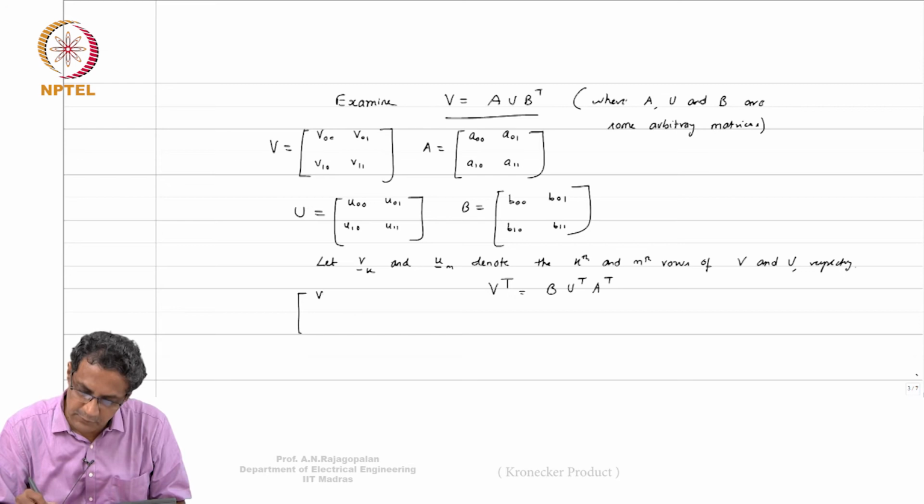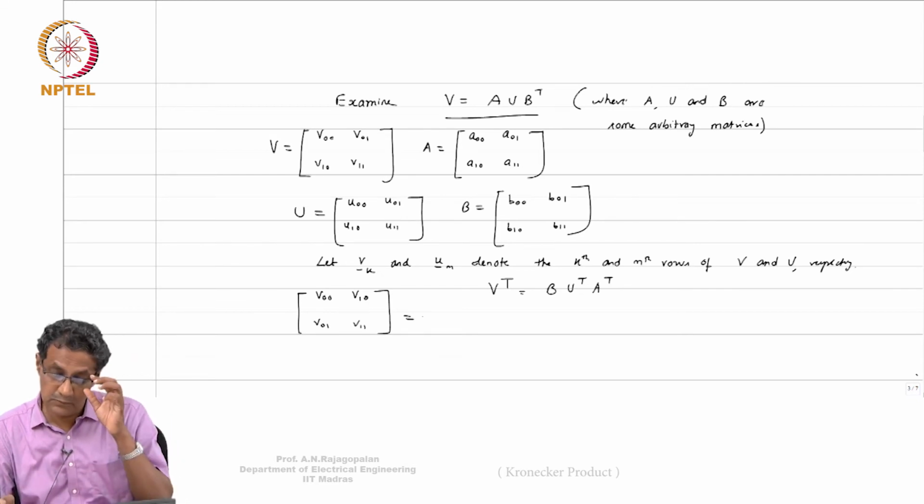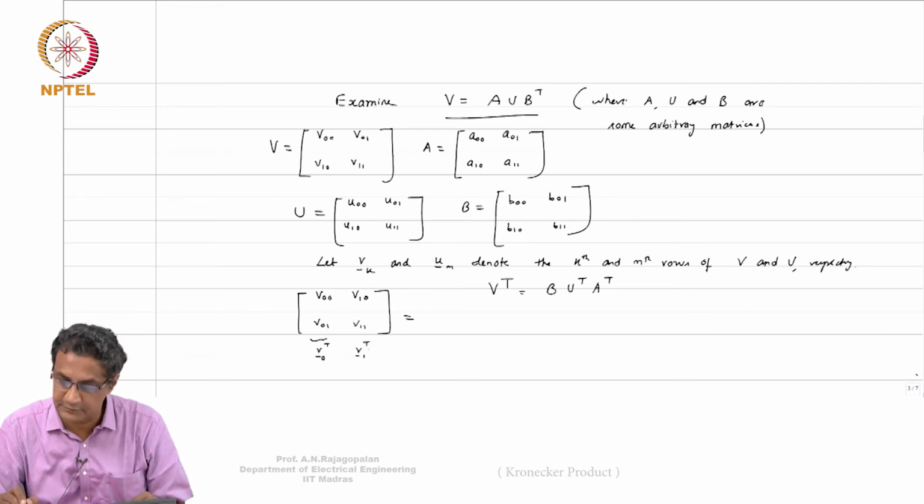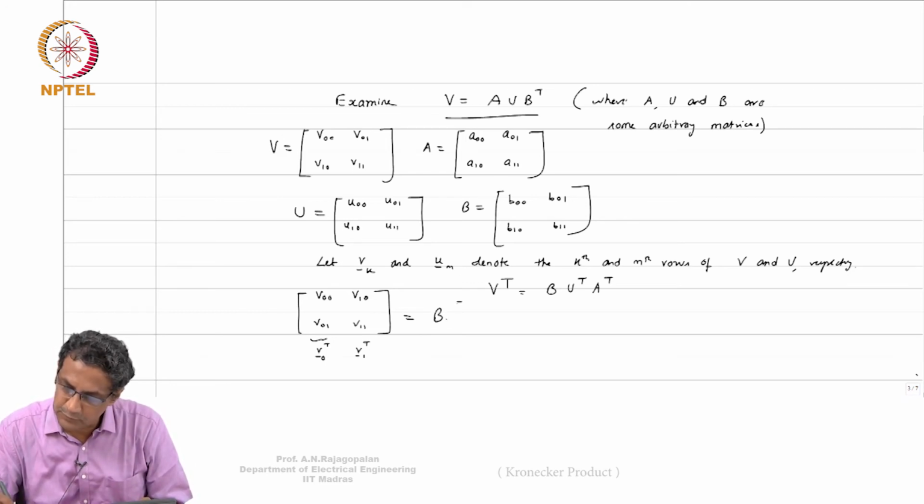V transpose from the above is V00, V01, V10, V11. Suppose we call this V0 transpose and this V1 transpose, this column is this. Then B, then U transpose, which is U00, U01, U10, U11, and then A transpose, which is A00, A01, A10, A11.